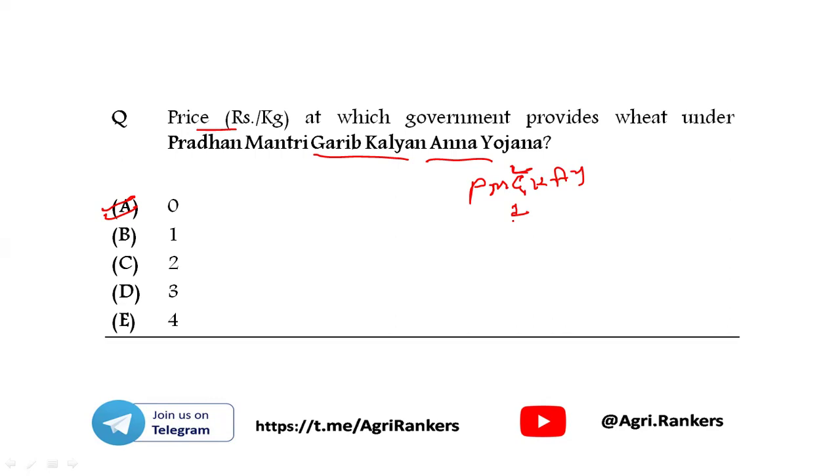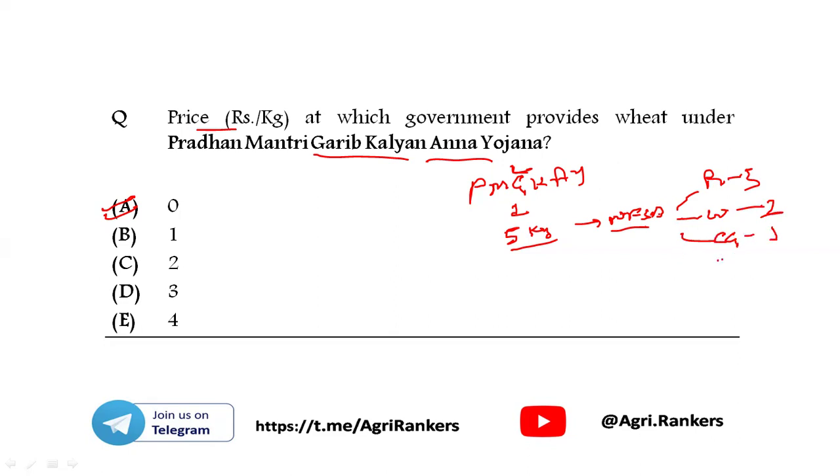2020. Initially, this Yojana used to provide 5 kg free ration to all the beneficiaries of the National Food Security Act. The National Food Security Act provides rice at 3 rupees per kg, wheat at 2 rupees per kg, and coarse grain, meaning millets, at 1 rupee per kg.